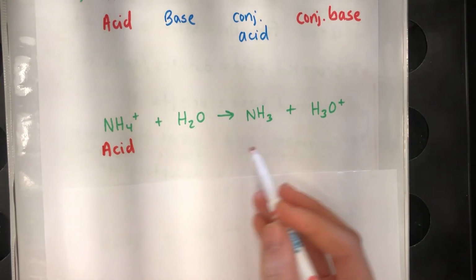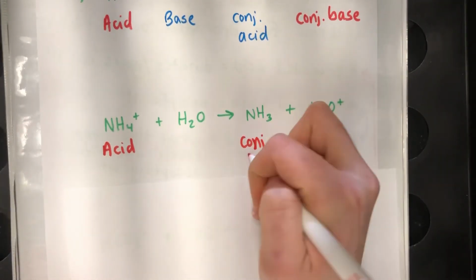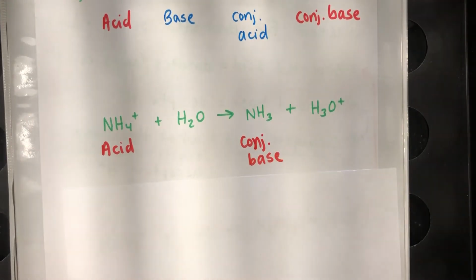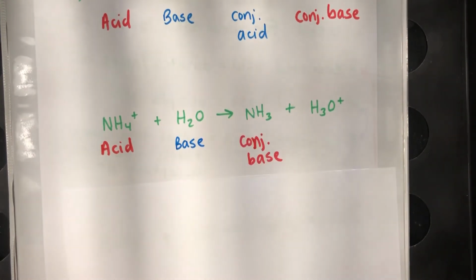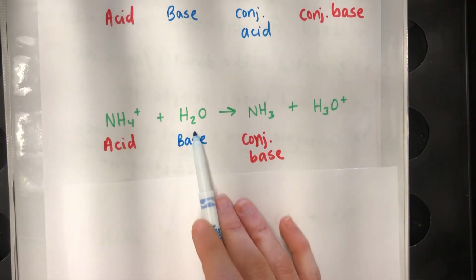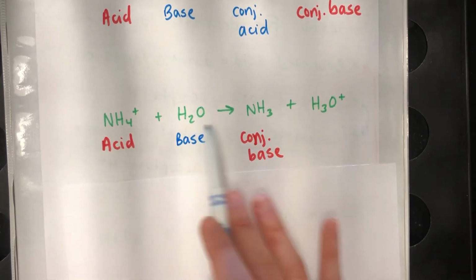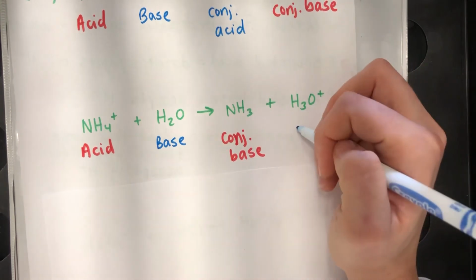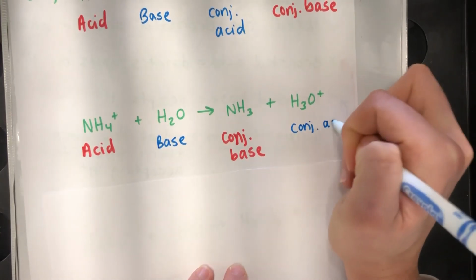And then the acid, whatever it turns into, always pairs with your conjugate base. And then vice versa. So now we have H2O must be our base, because again, bases accept hydrogen, which we see on the other side, it's listed as H3O+. So 3 is 1 more than 2. So again, that is our base, which pairs with your conjugate acid.